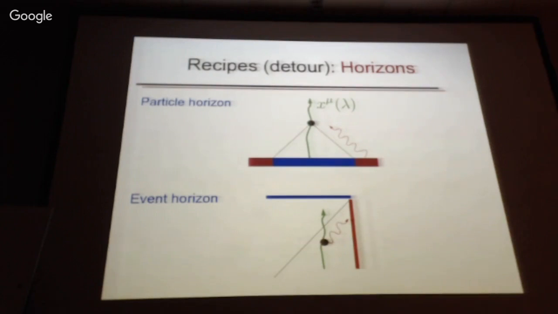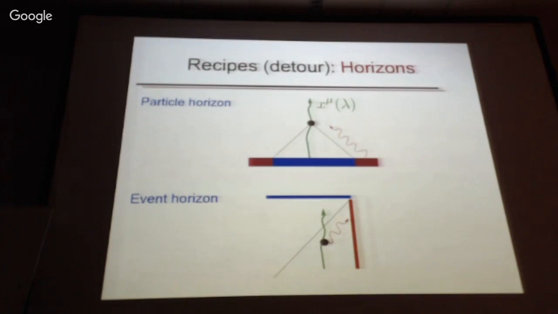The other horizon, which is the one we saw for de Sitter, is the following. It's called the event horizon. So imagine this is infinity, spatial infinity, and imagine I am an observer. And at each point on my trajectory, I'm sending light away. So I'm using a flashlight or a torch, and I'm just sending photons away. So they travel at 45 degrees.